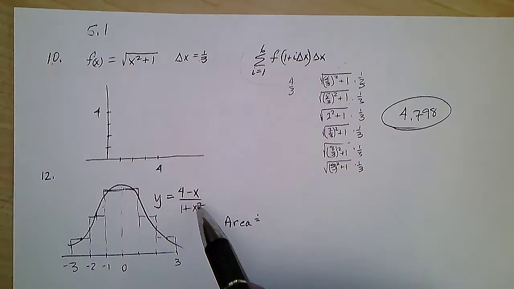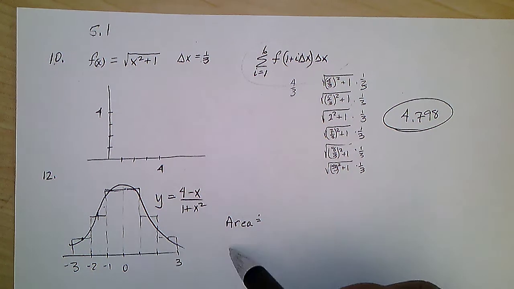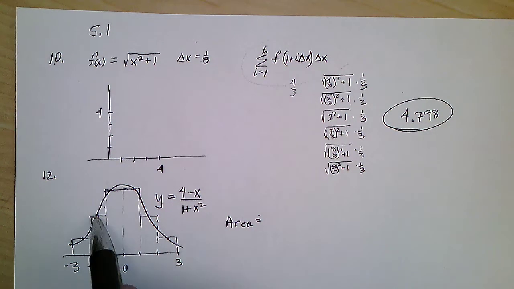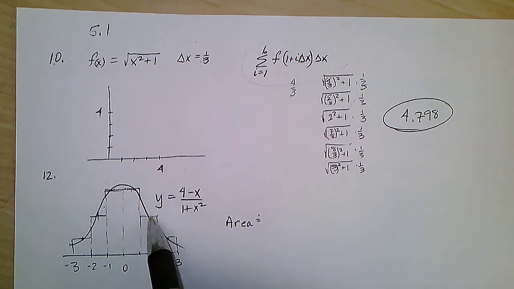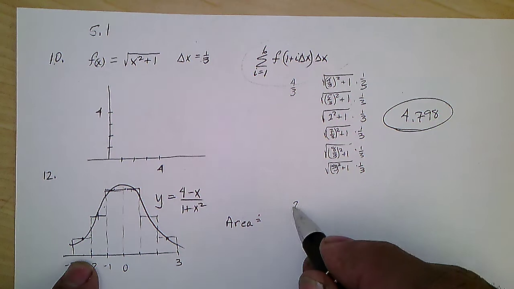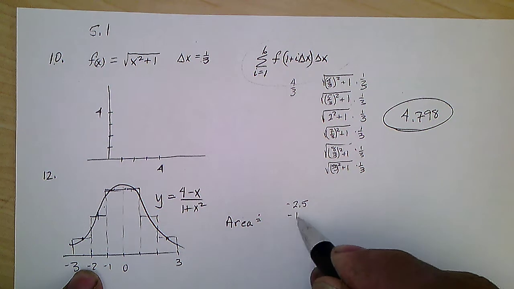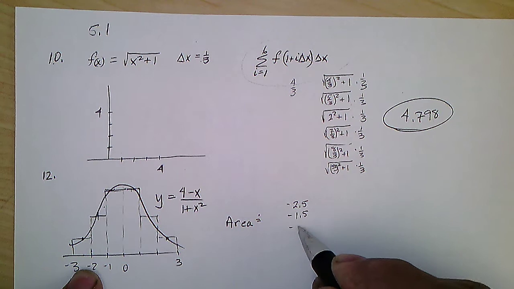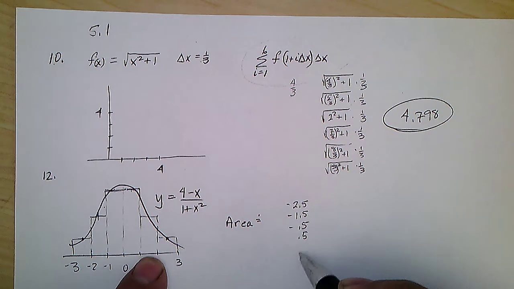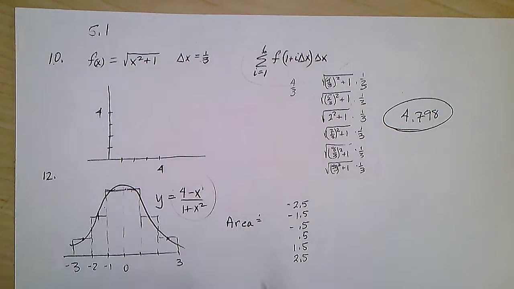Okay, this problem, we're supposed to find the area using, and it looks like these are all midpoints of the intervals. So I've got to put in negative 2.5, negative 1.5, negative 0.5, and then 0.5, and then 1.5, and 2.5. I got to put those into that equation.